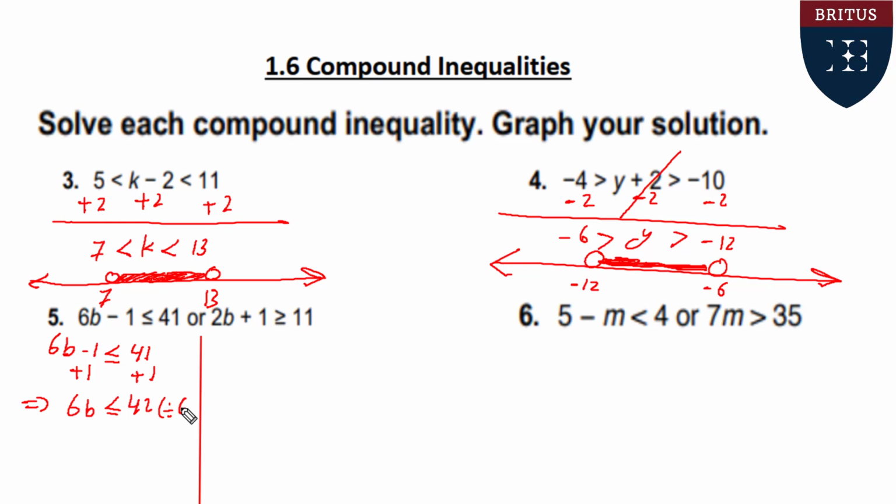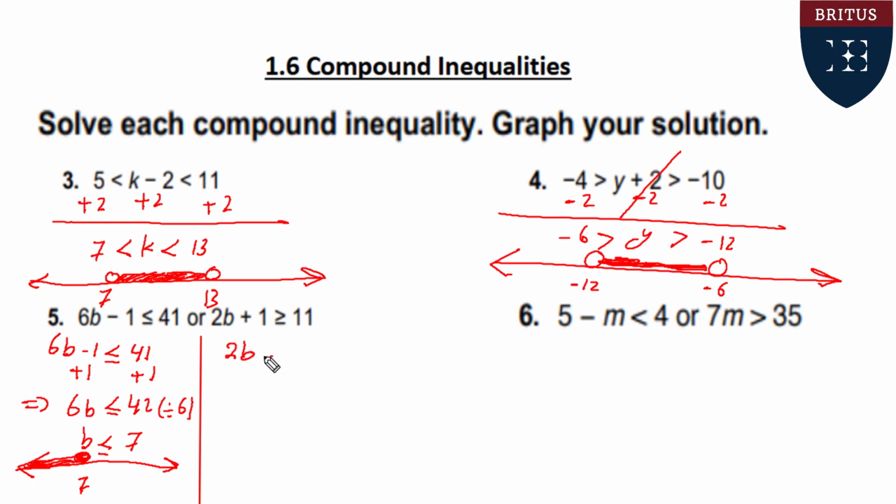Divide both sides by 6. We get b is less than or equal to 7. Just draw a line and put 7. We need all the numbers that are less than 7.